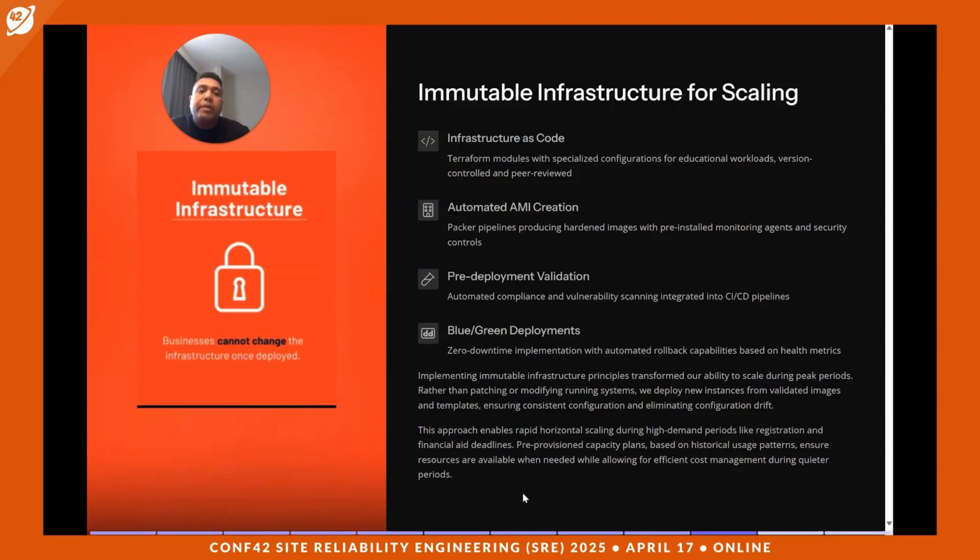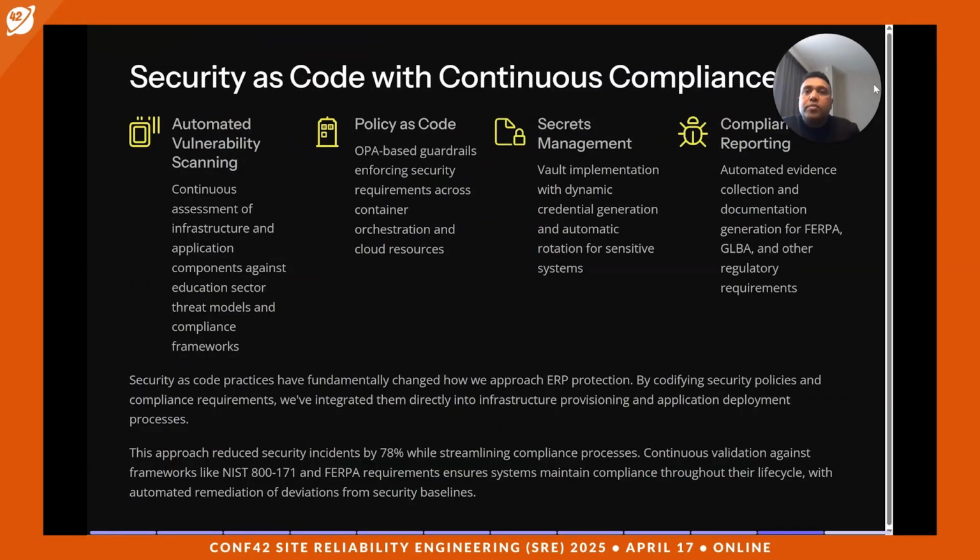This approach enables rapid horizontal scaling during high demand periods like registration and financial aid deadlines. Pre-provisioned capacity plans based on historical usage patterns ensure resources are available when needed, while allowing for efficient cost management during quieter periods. Moving on to the next one, which is security as code with continuous compliance.